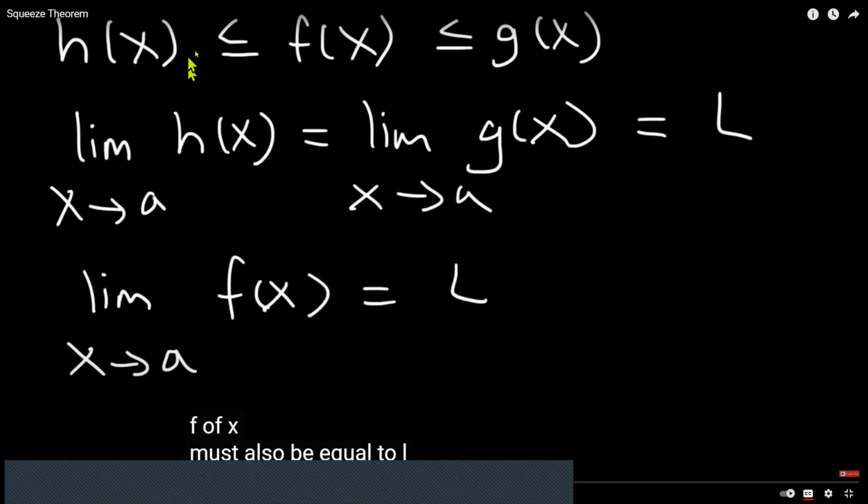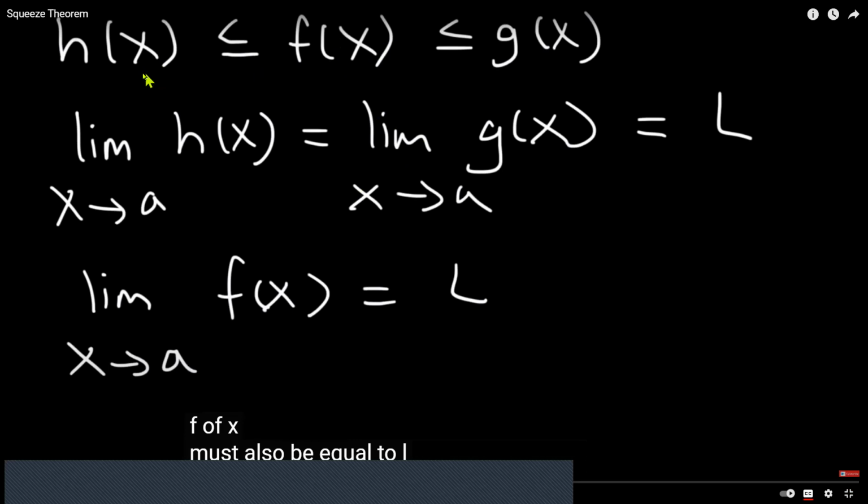So this is basically everything Sal said. He just changed the letters. Notice f is in the middle, right? F is bigger than h, so h is the bottom function, h is below me. g is above me, right? Mm-hmm.